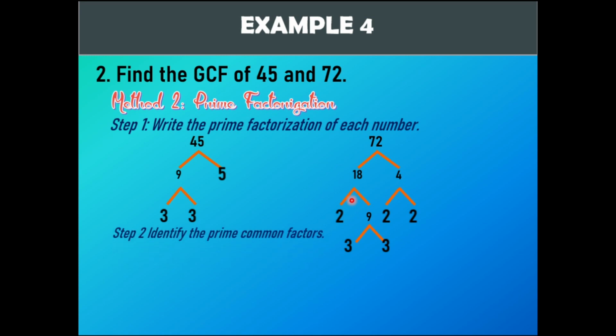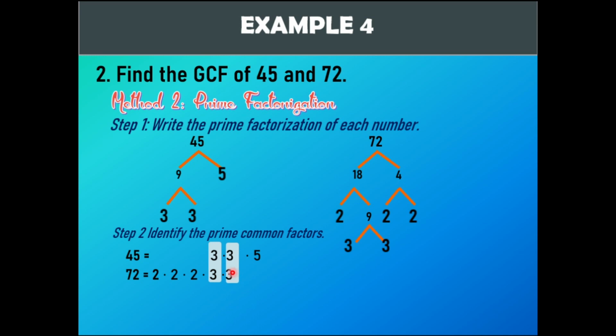Now let's go to step number 2. Identify the prime common factors. For 45, the prime factors are 3 times 3 times 5. For 72, the prime factors are 2 times 2 times 2 times 3 times 3.